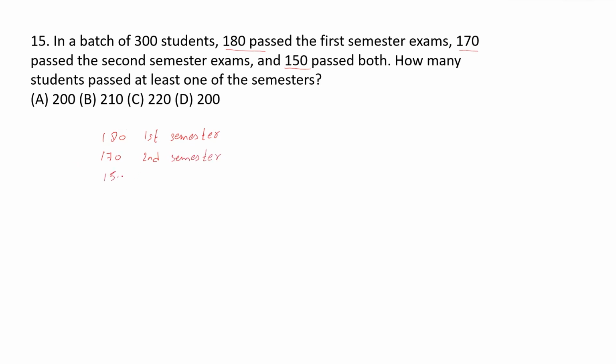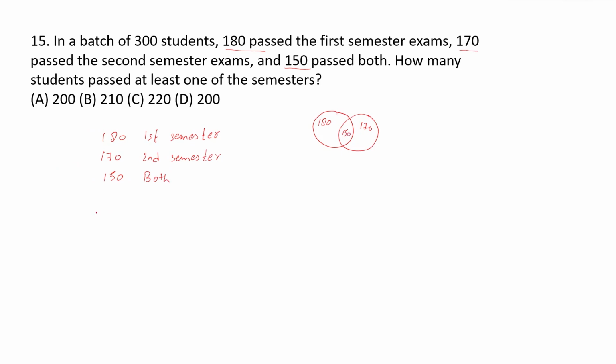And 150 both, right? So how many students passed at least one of the semesters? So this scenario is first semester students, second semester students. First semester 180, second semester 170, and both passed 150.